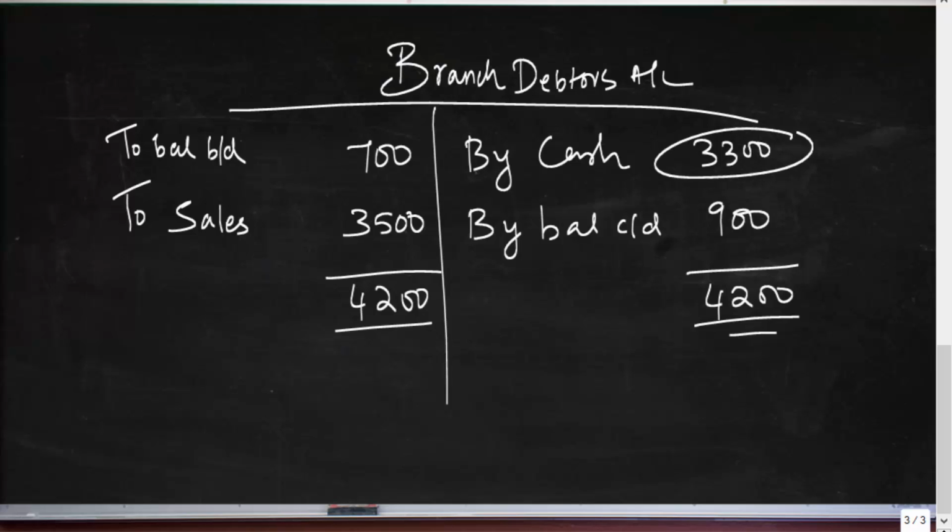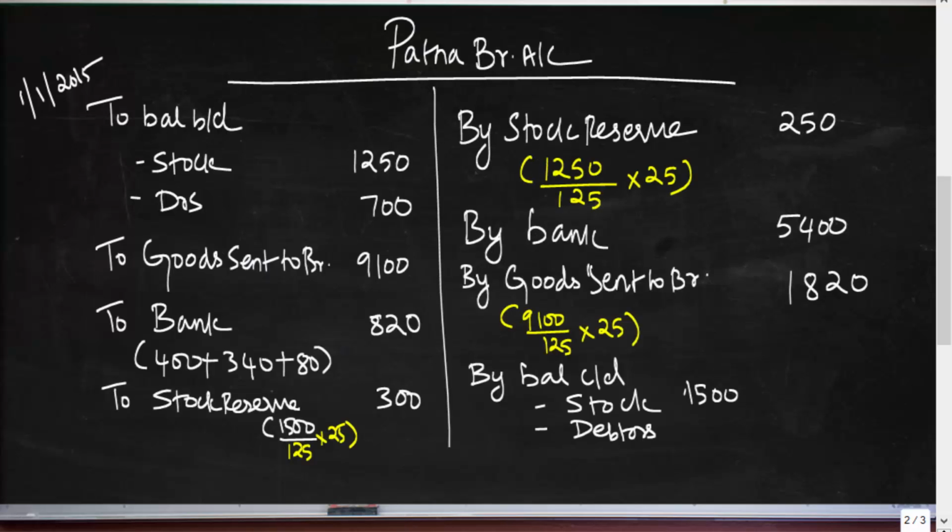Now this cash will be transmitted to head office. So here we have written bank as 5,400, right? We'll just modify, because this 5,400 is basically cash sales. We'll now include the cash that is realized from the debtors also.